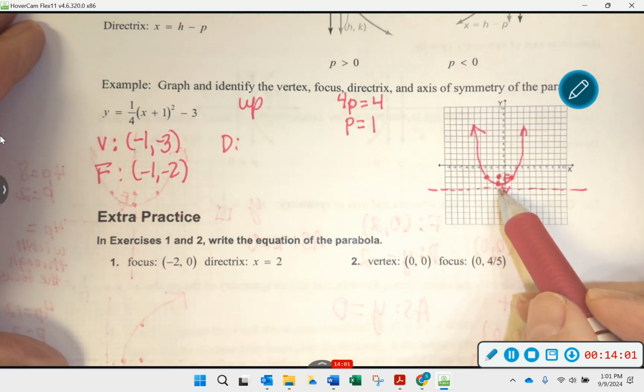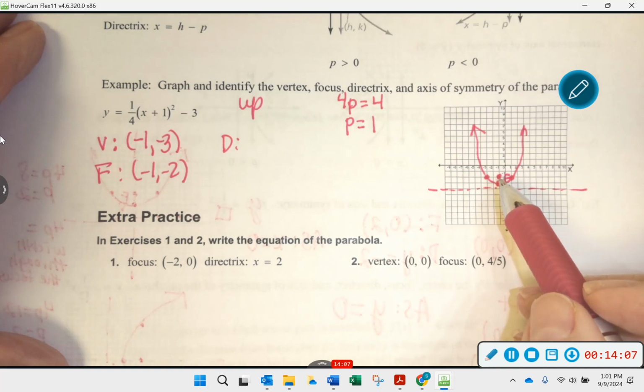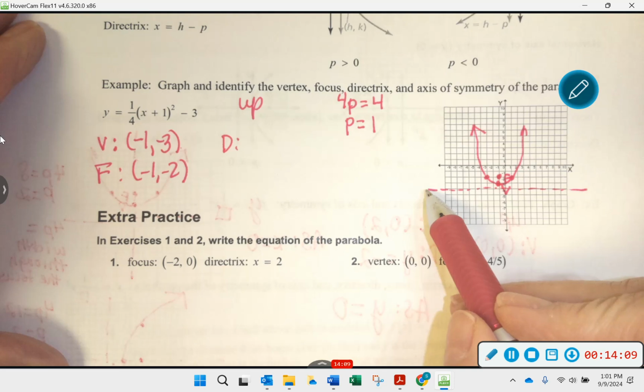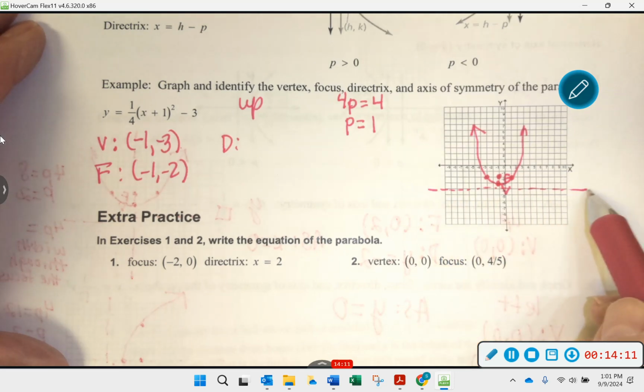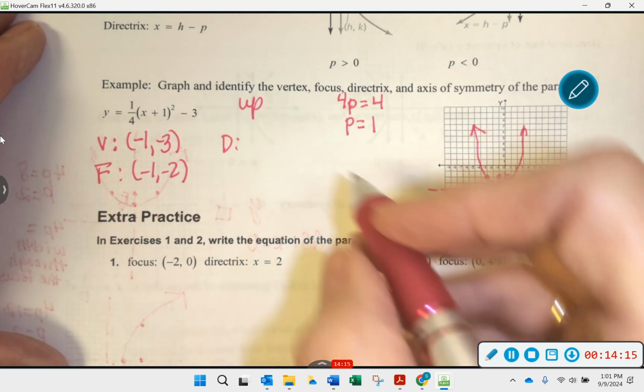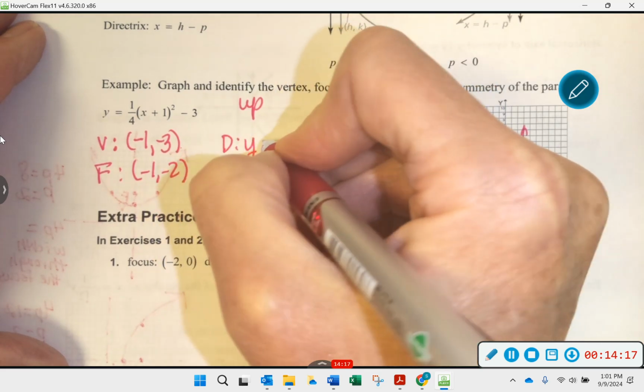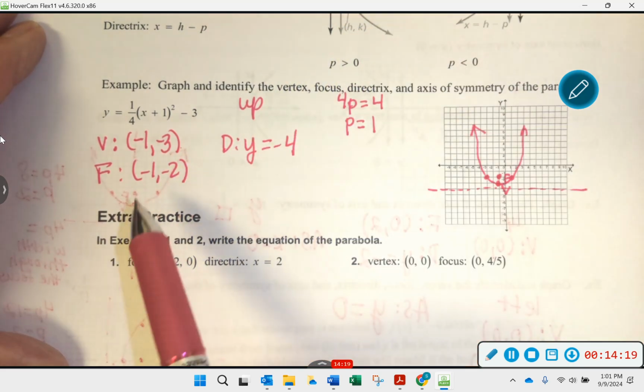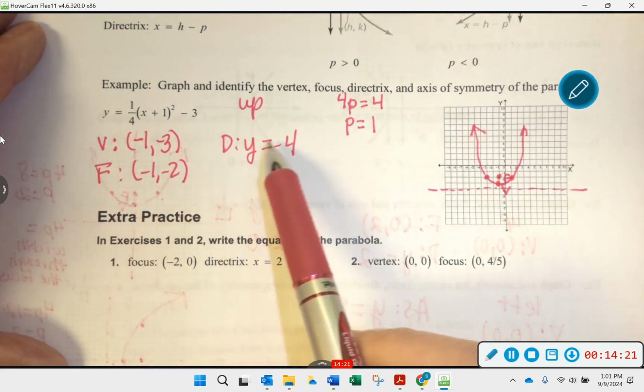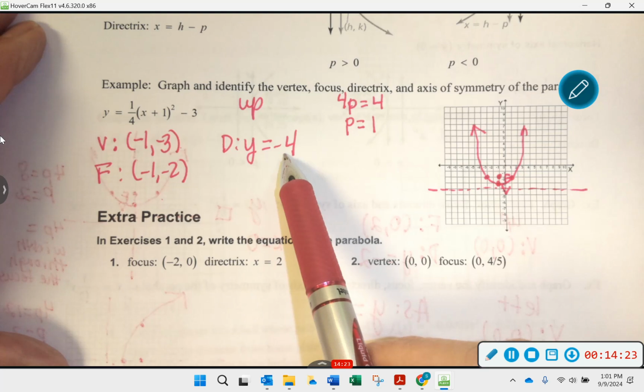It had to be p units outside of the parabola. Who's got it? What is it? Okay, except the directrix is a line, not a point. Y equals negative 4. Yeah, that gets confusing, but the focus is a point and the directrix is a line.